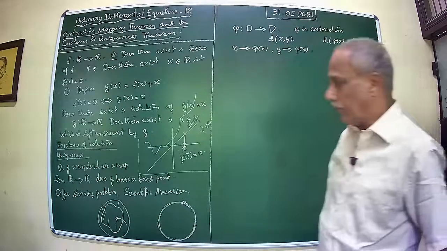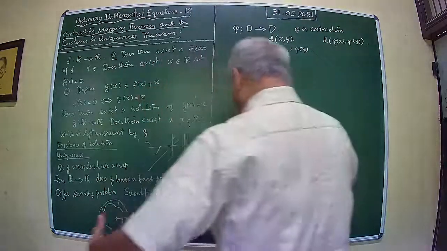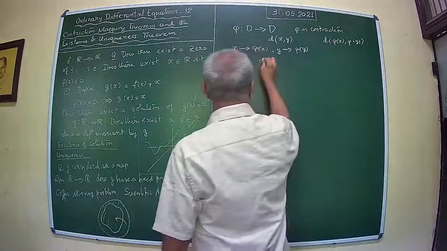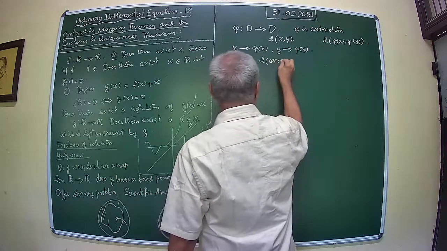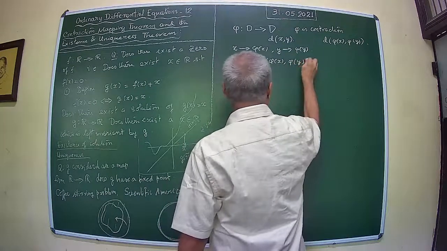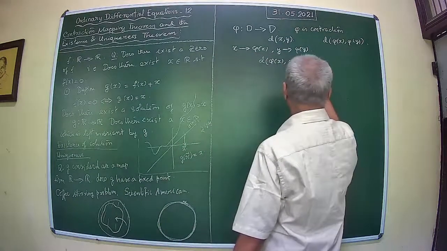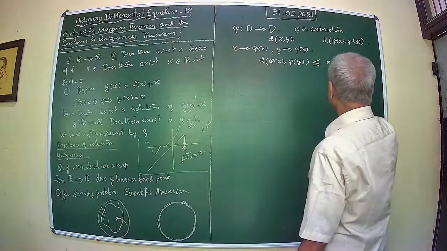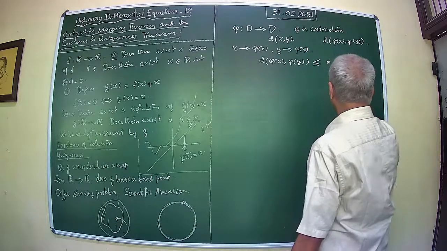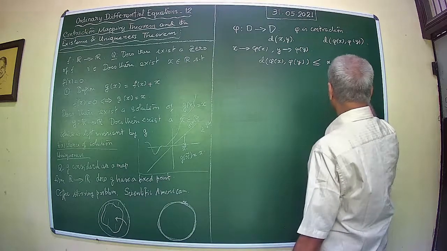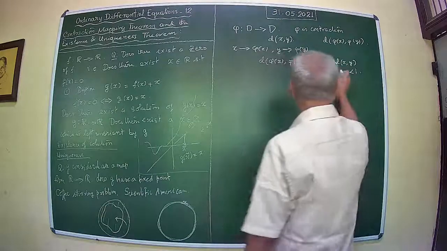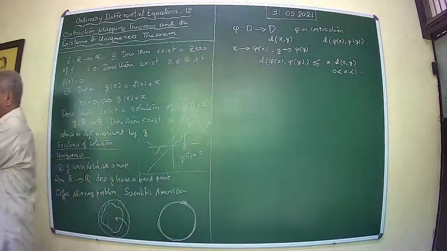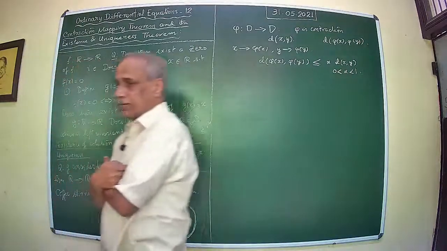Originally you had two points here, and those two points have come closer if it is a contraction. So the condition will be d of phi x, phi y less than or equal to some alpha times d of x, y, where alpha is less than 1, positive. Then you say the mapping phi is a contraction.